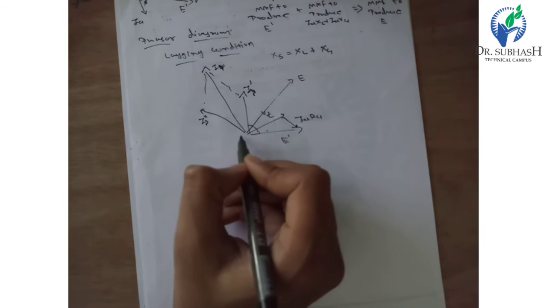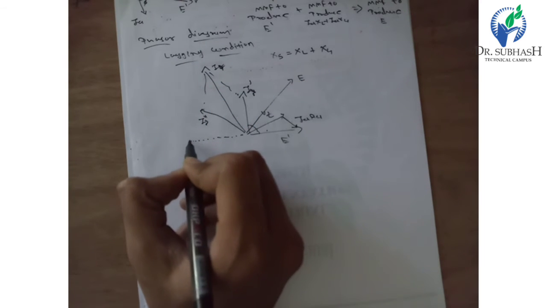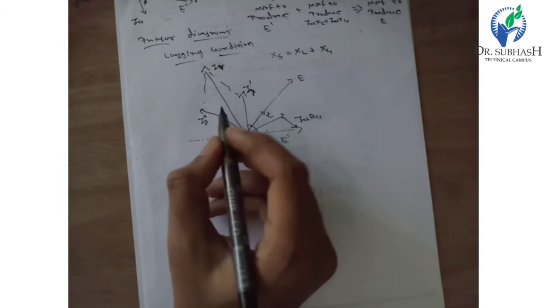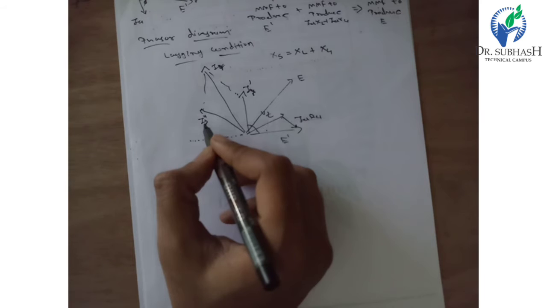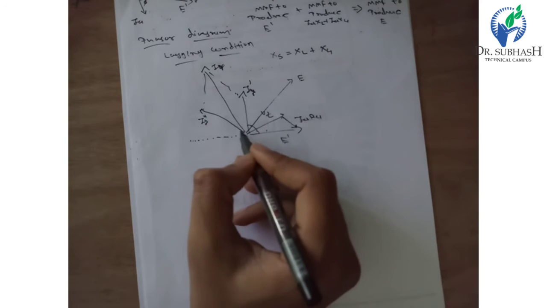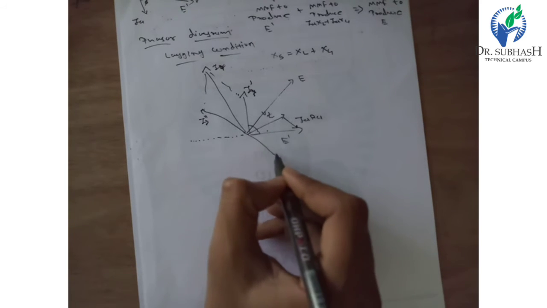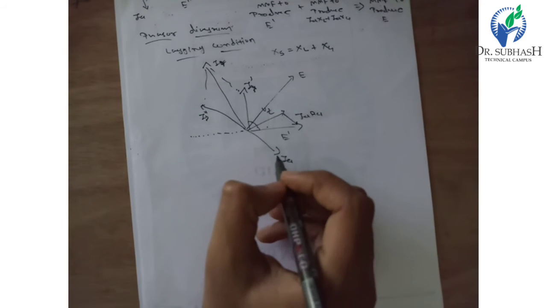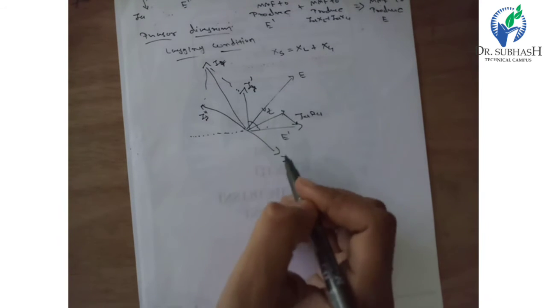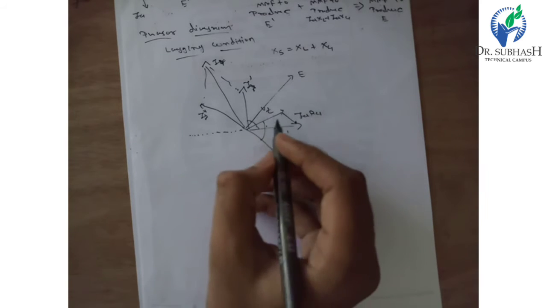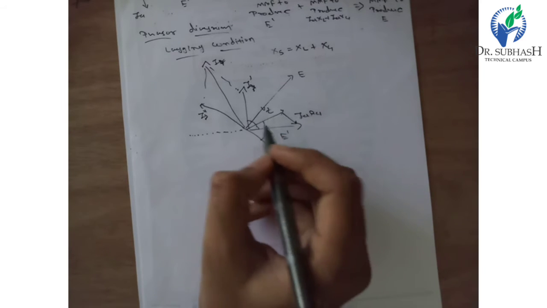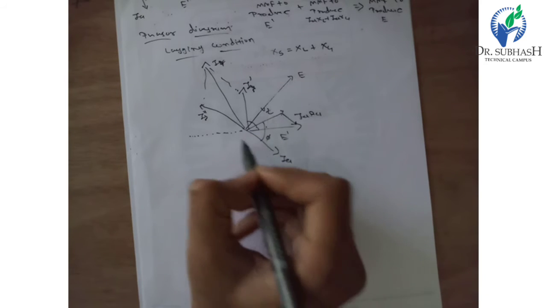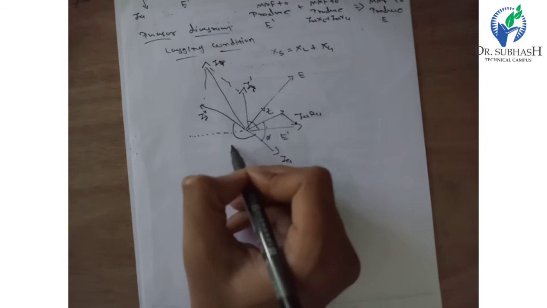When we consider this form in the lagging power factor, the value of IF double dash is in reverse form to IA, the armature current. The angle between the terminal voltage and armature current is phi, and the angle between IF double dash and IA will be 180 degrees.